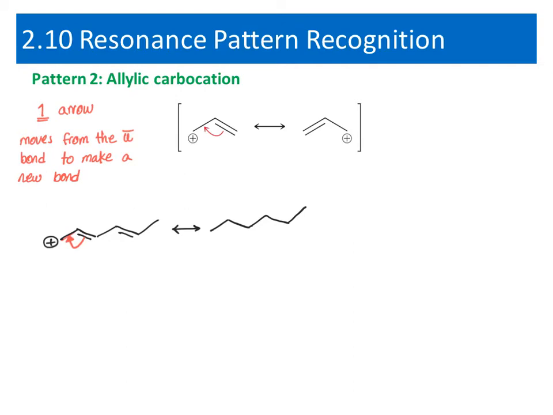Okay, so I didn't touch this part of the molecule, so it stays the same. I draw the same thing. Now this double bond moved here. Let me number the carbons, so I think it would be easier to follow.